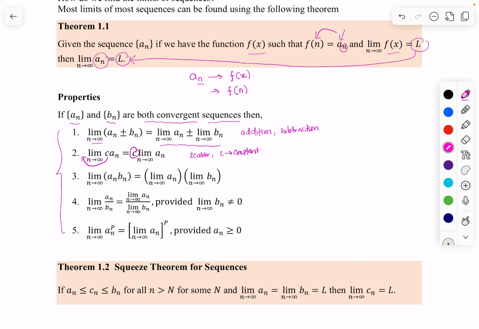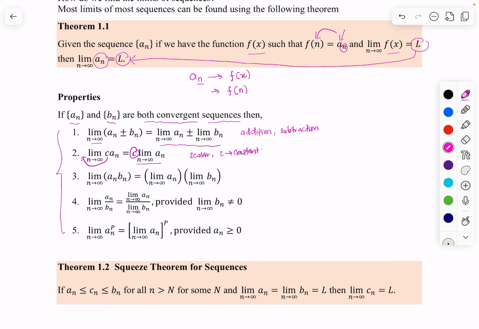So therefore you can find the limit by writing it as c multiplied with the limit of the sequence. Okay, this way you can just directly find the limit of an instead of involving the c. So it is much easier and less complicated.